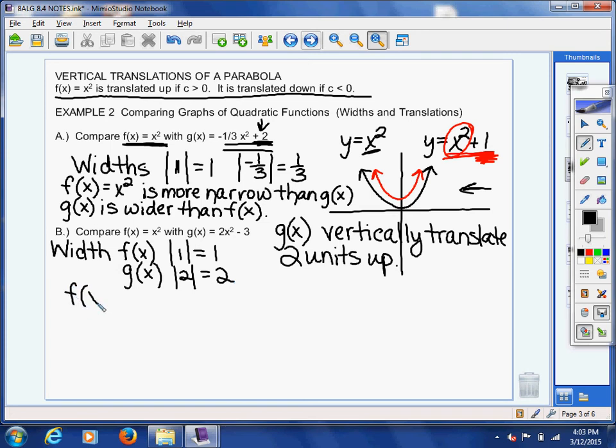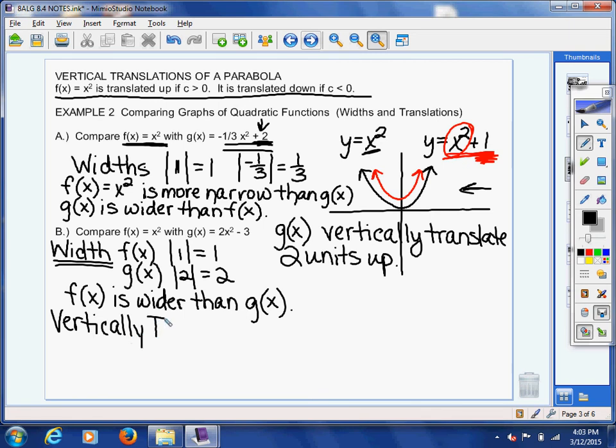Just pick one of those. The smaller number is wider, the bigger number is more narrow. So f of x is wider than g of x, okay? Excellent.